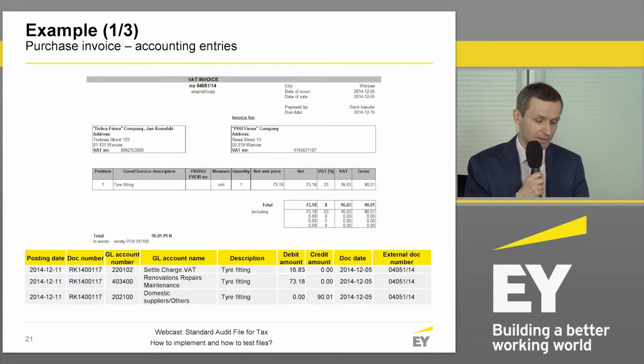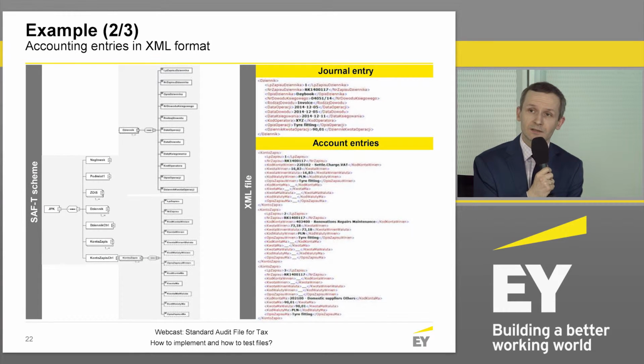And how would this particular invoice be represented in XML format? On the left side of the slide, you can see the schema. This is the schema for general ledger data, and on the right side of the slide you can see this particular purchasing invoice in an XML format.